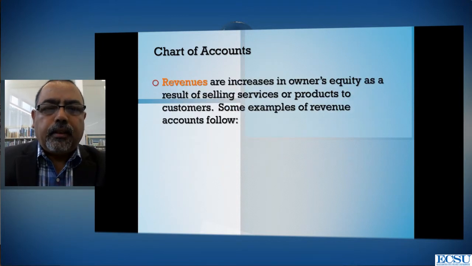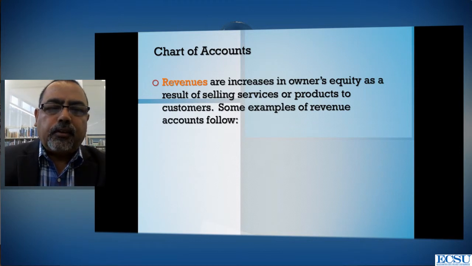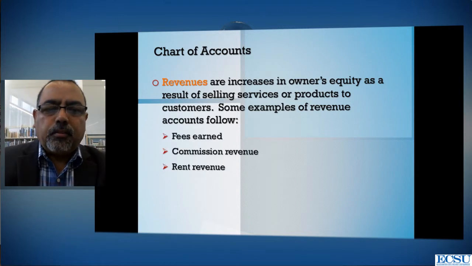Then the next thing that we'll have to talk about is the revenues. We already discussed this in the first chapter. I'll just repeat that revenues are increases in the owner's equity as a result of providing services or selling products to customers. Some examples are fees earned, commission revenue, rent revenue, or interest revenue.